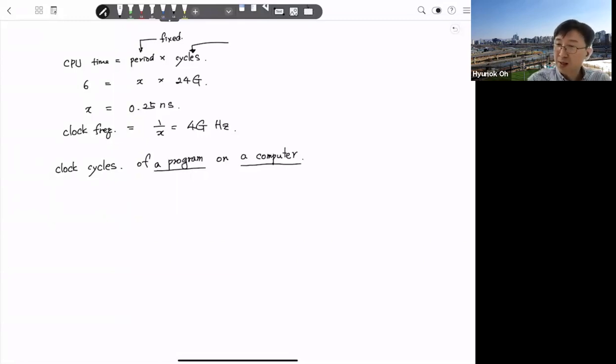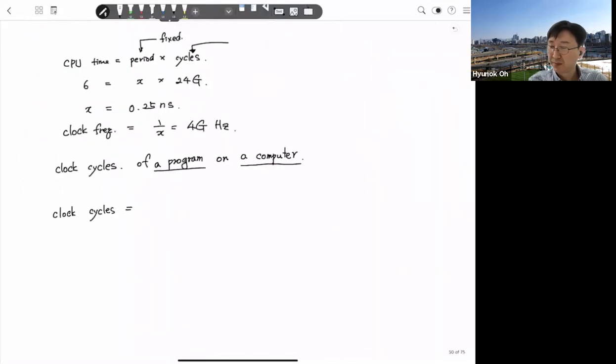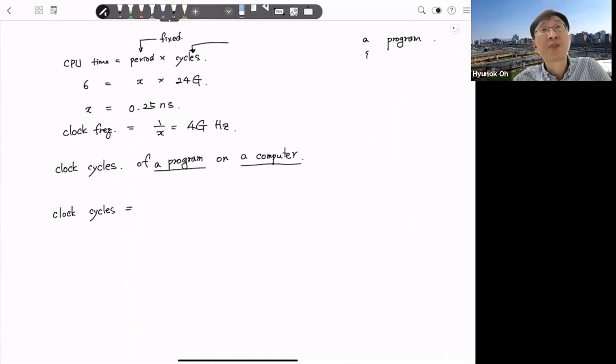Okay, so let's make some equation for these clock cycles. If we have a program, let's think about some C code, then there are some instructions, right?